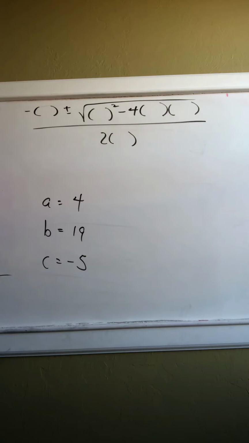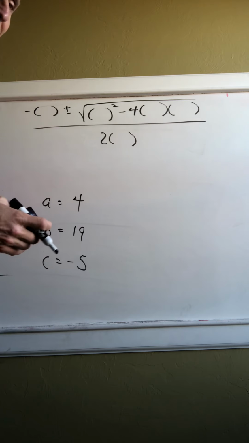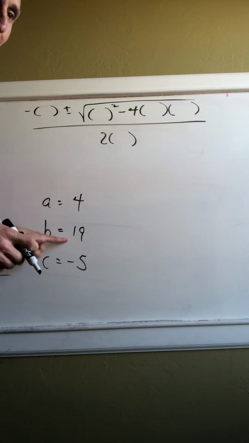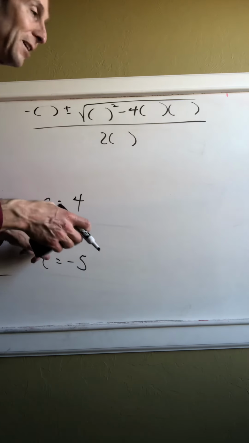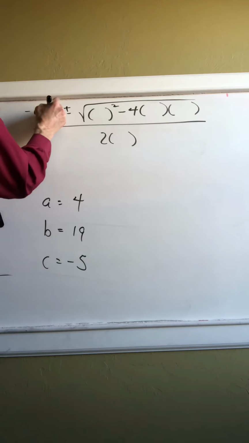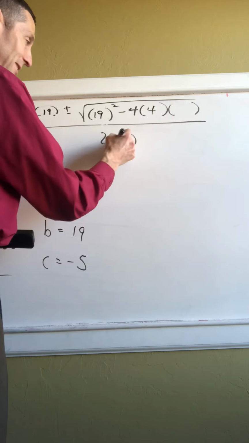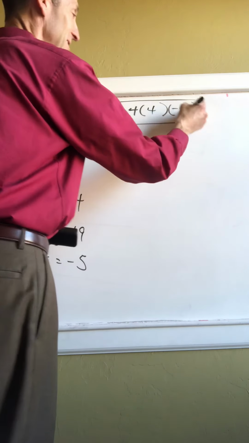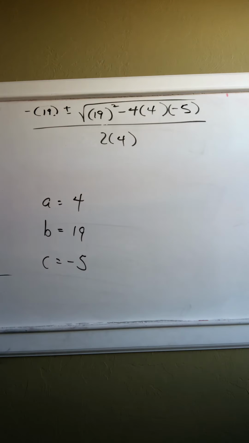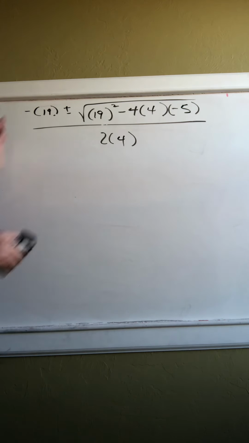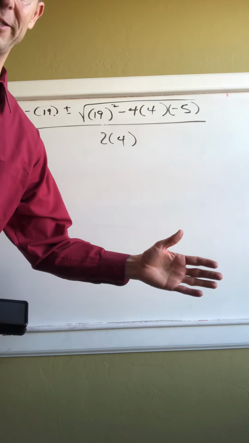So everything's ready, it's all wanting to drop in there, and you're about to see how problematic a 19 can be to your life. All right, dropping in a 19 and a 19, dropping in a 4 and a 4, and there is your negative 5 and negative 5. Oh man. Okay, I've got all the right numbers in all the right places.